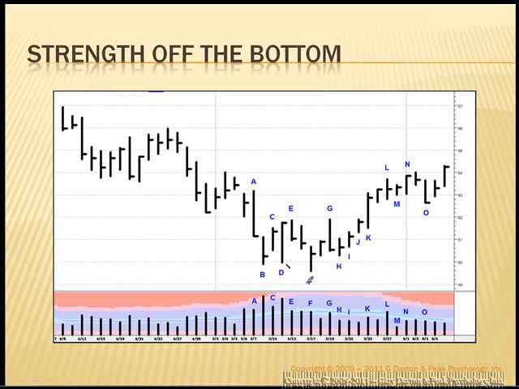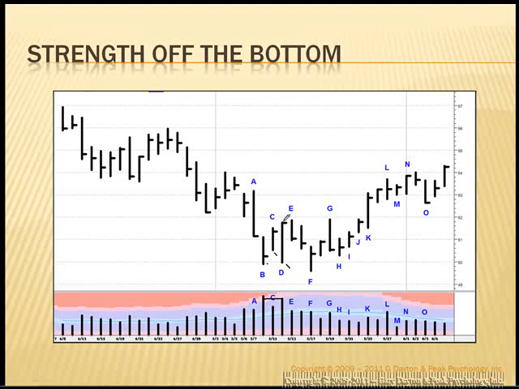And this is a widespread bar, not just an average spread bar. C was average, B was above average, but D is a widespread bar. Big volume again. I know it's not as big as A, but still big volume in here.